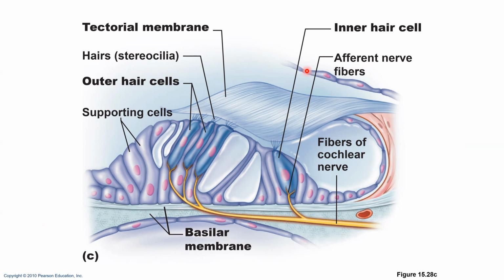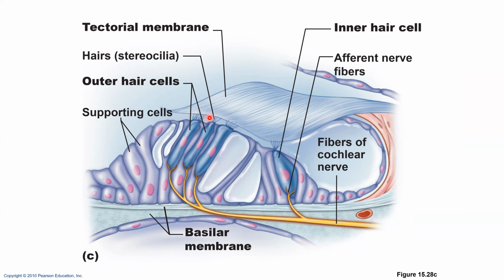Then the sound moves down to the scala tympani, and the sound waves vibrate the basilar membrane. This membrane goes up and down, up and down. And every time it goes up, the hair bend against the tectorial membrane.